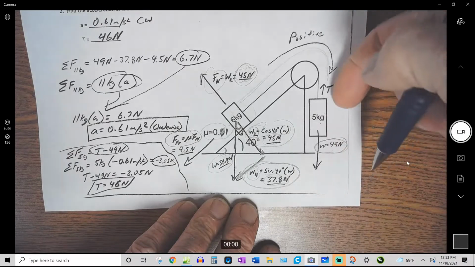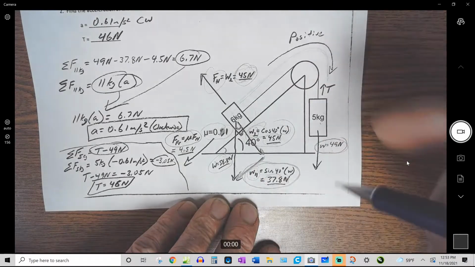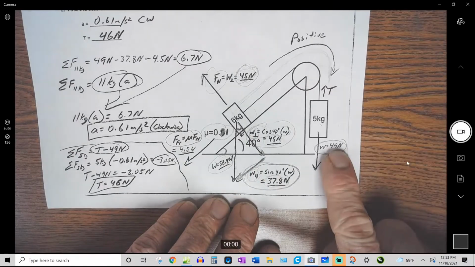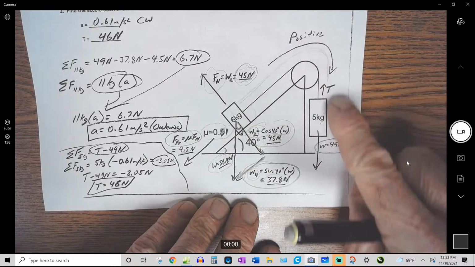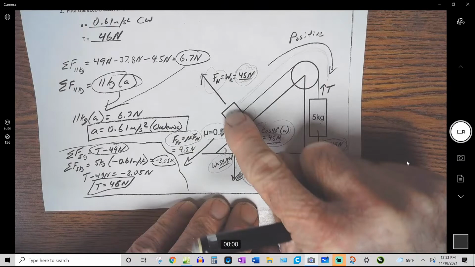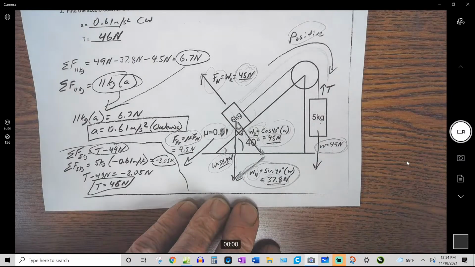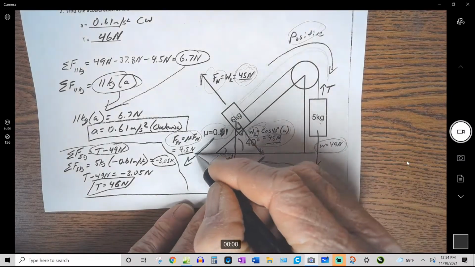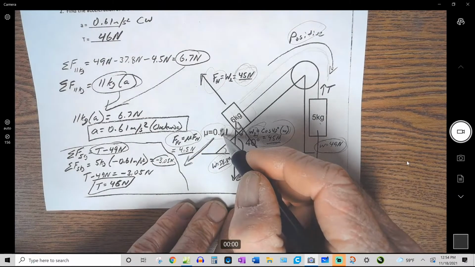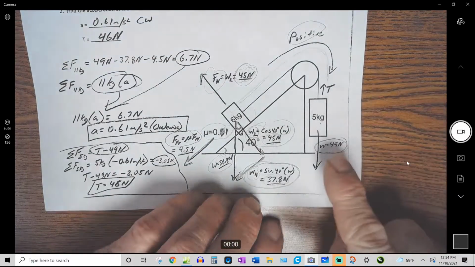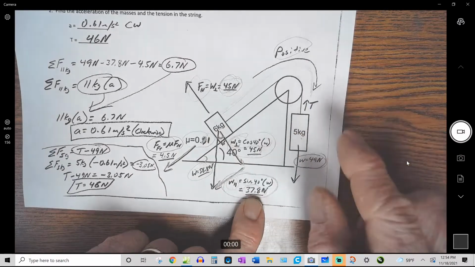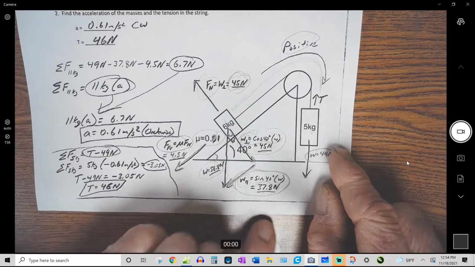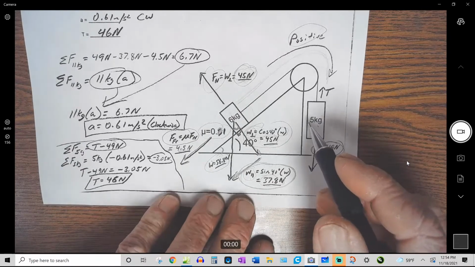This is the weight pulling this down and this uphill. And that is heavier than this. So everything's going to move in a clockwise direction here, what I've labeled as a positive direction. And that means friction is going to be downhill. And now I see why I crossed this out. This isn't a very big difference. So if there's a lot of friction on this, the whole thing's not going to move. So probably it didn't move and I had to change the problem to make it move.